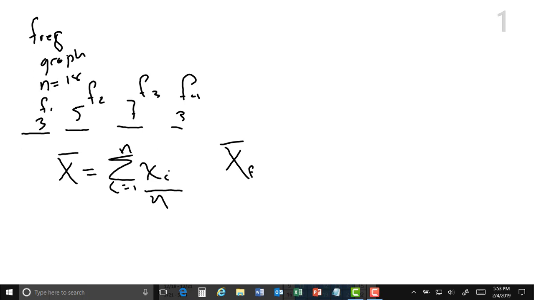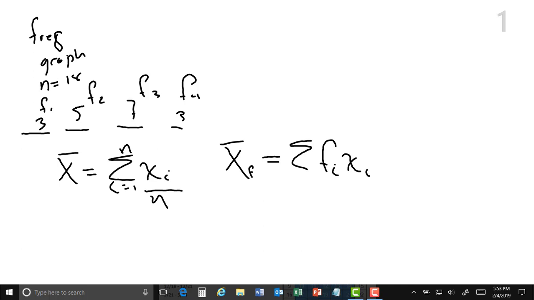Okay, in that sense, then this becomes the summation of, now f going from i, because there's f1, 2, 3, 4. So that'd be 4, right? And then I have f_i, and then we have this different kind of x_i.